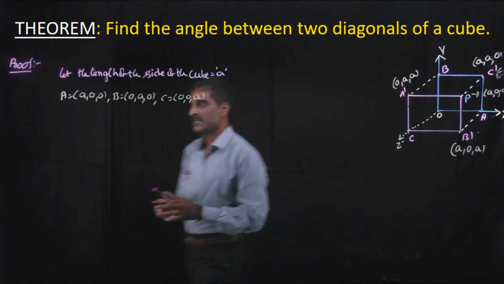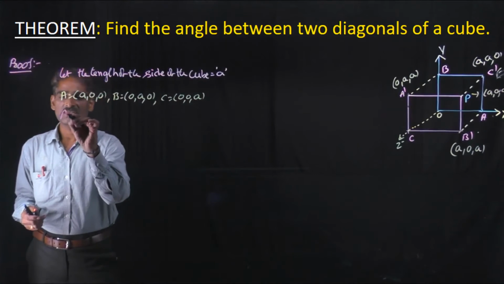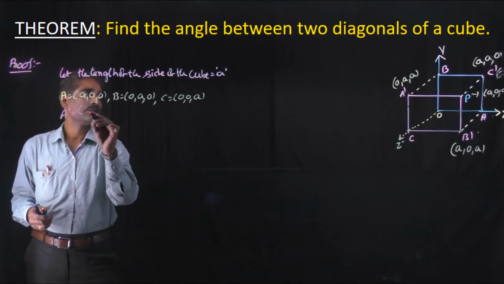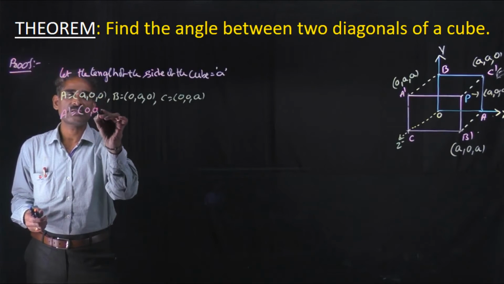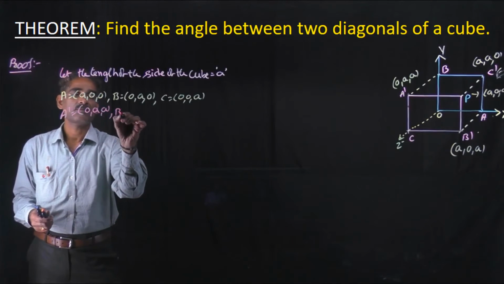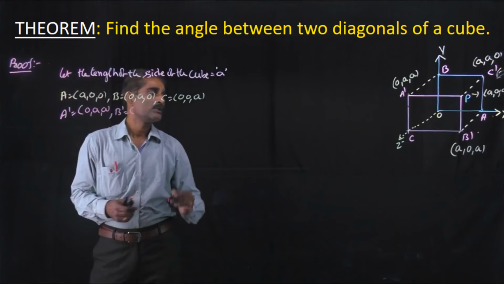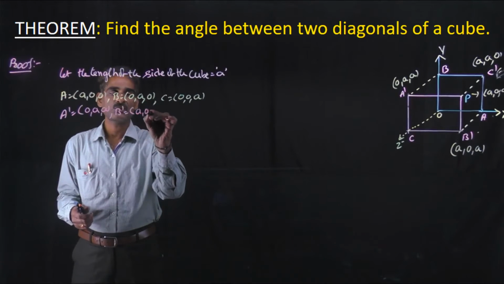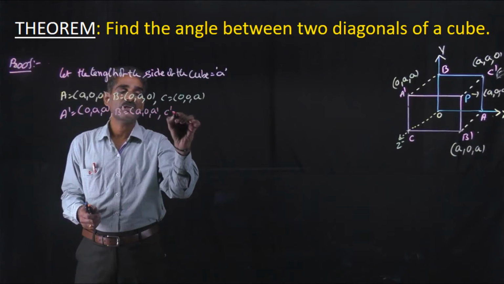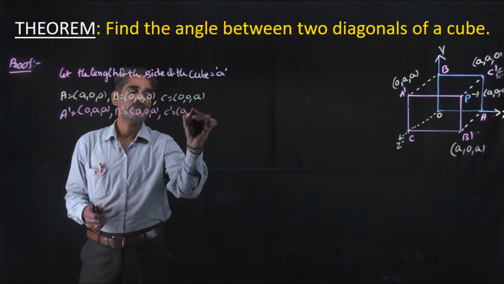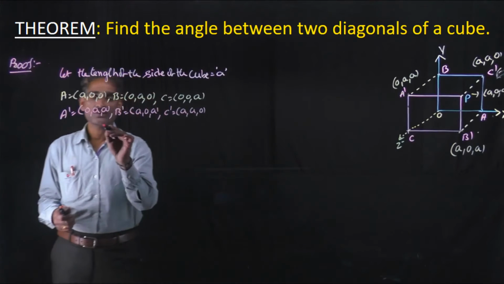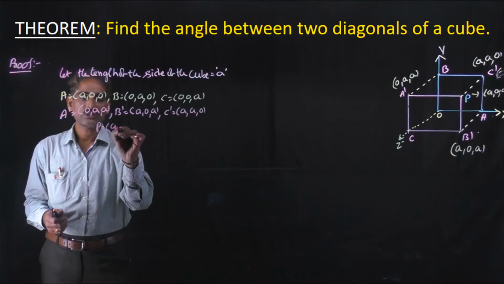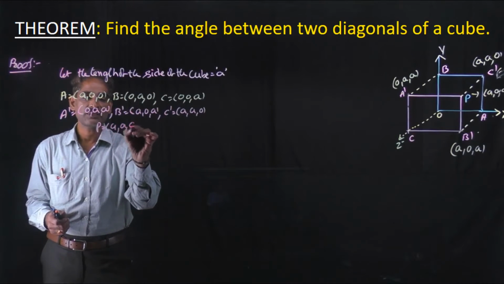Okay, here write down the remaining points. A dash is 0, a, a. B dash is a, 0, a, and C dash is a, a, 0. From the diagram, the coordinates of P are a, a, a.